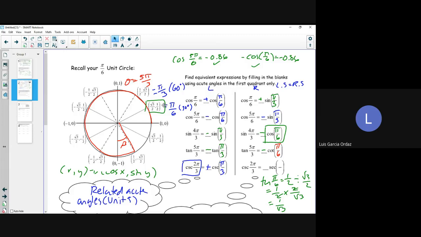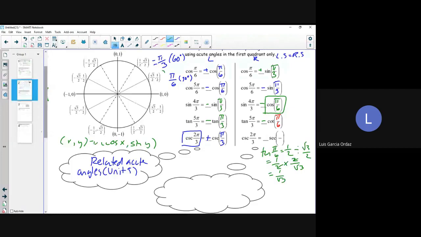Okay, so let's see if our last example can hopefully have you guys understand it a bit more. All right, this is the last effort. I'll try to go slowly. So, we have cosecant of 2 pi over 3.